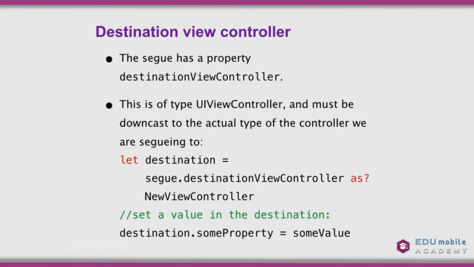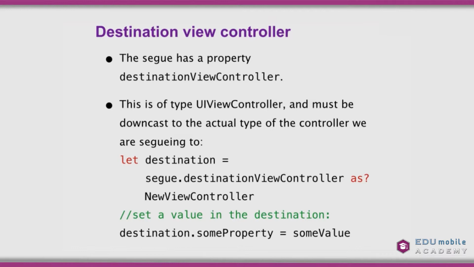Now, when that comes back, you can't just use it as is, because it's a UIViewController instance. You have to cast it, and it's a downcast. You have to cast it to the actual type of the controller that we're segueing to.